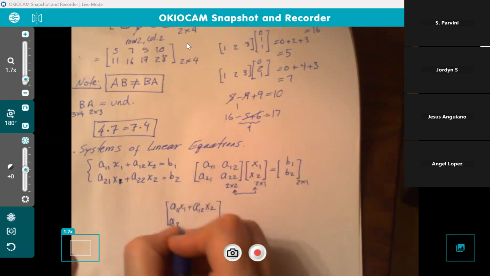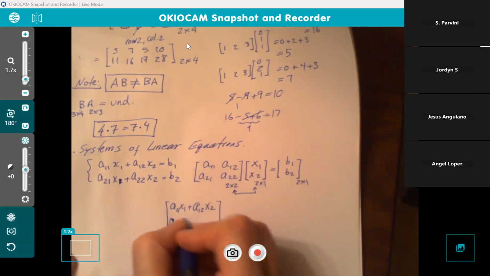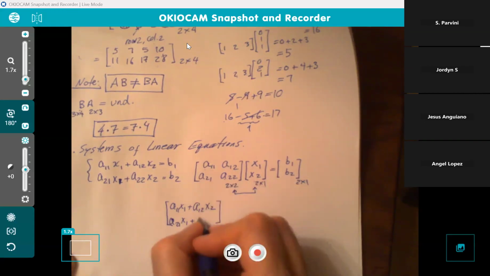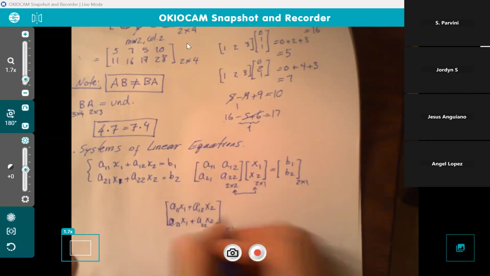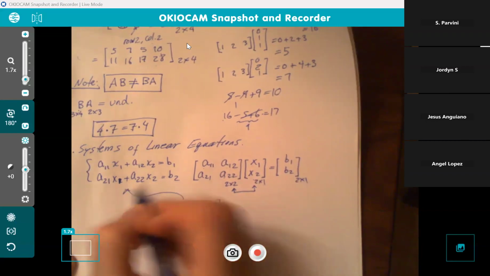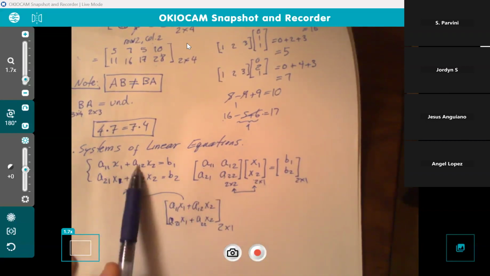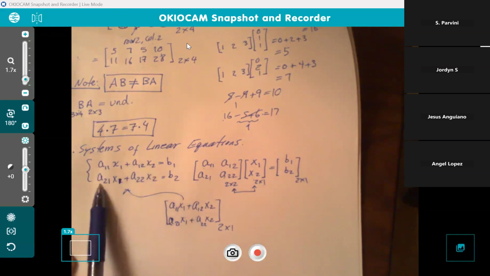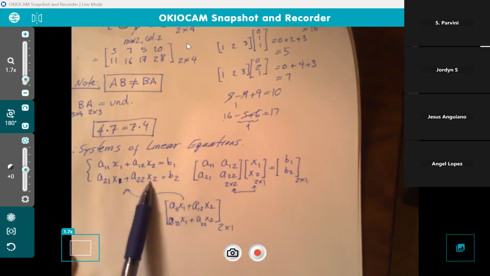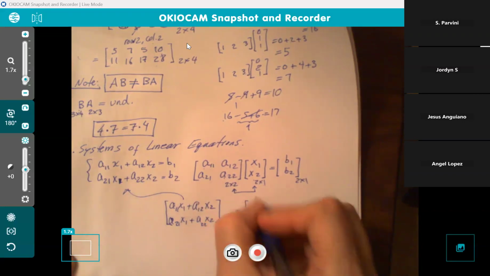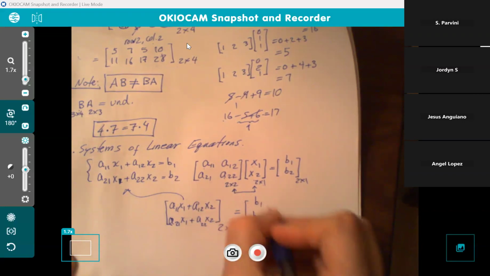So that's A21 x1 plus A22 x2. And that's exactly what this is, right? Isn't that A11 x1 plus A12 x2, A21 x1, A22 x2? And this should equal B1, B2.